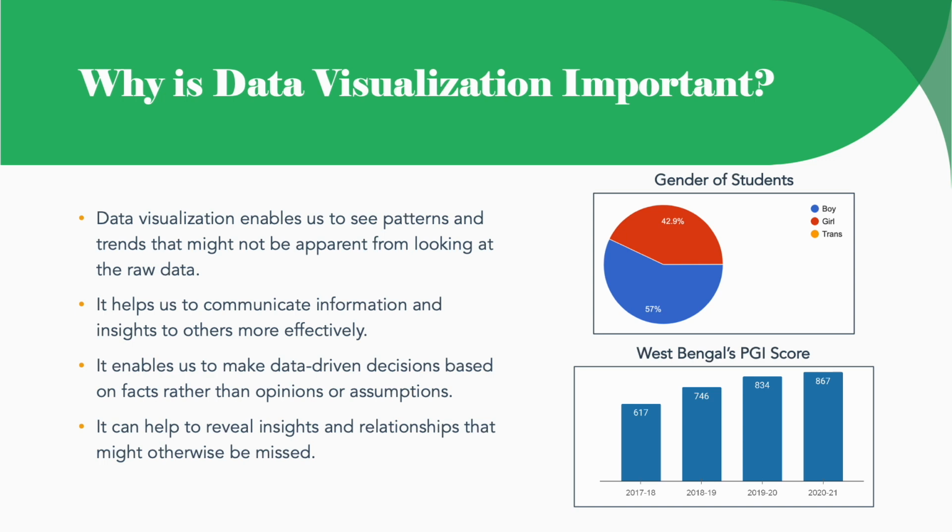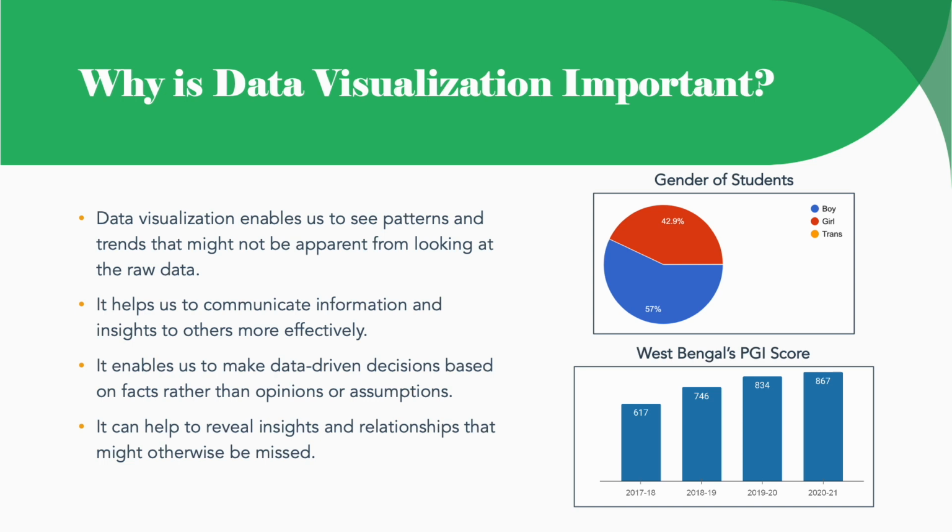And I feel most importantly, data visualization helps us make data-driven decisions. So decisions are rooted in actual facts and not on opinions or assumptions. If you look at this pie chart on the right hand side, you can see that the percentage of boys and girls differs quite significantly. There's 15% more boys than girls, and there's hardly any trans students in the chart.